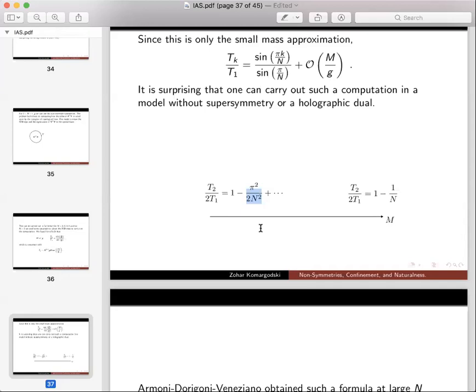First of all, if you think about a holographic model, this is in large N. I did a large N expansion here. The fact that there is no 1/N at small mass is very strange, because there is a diagram that you can draw which should have led to 1/N.